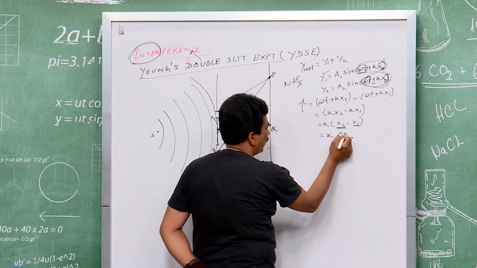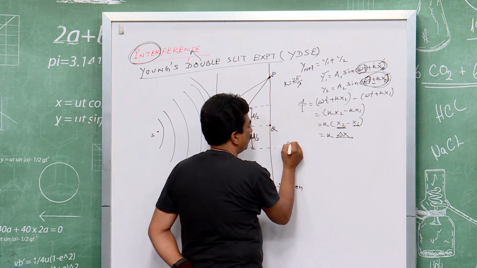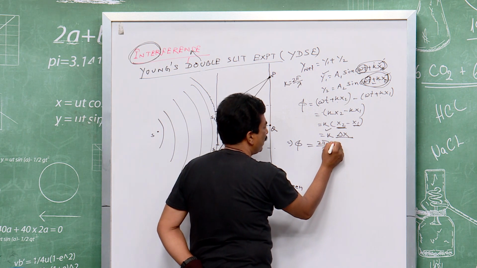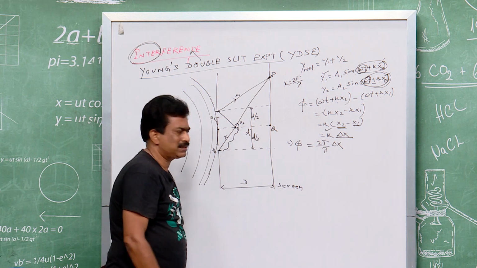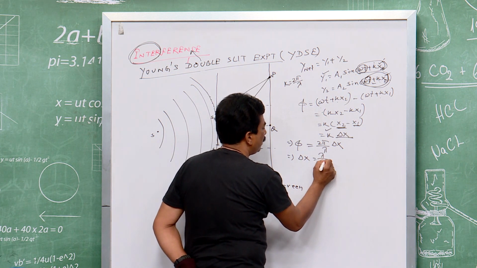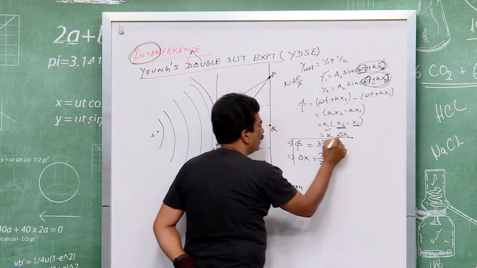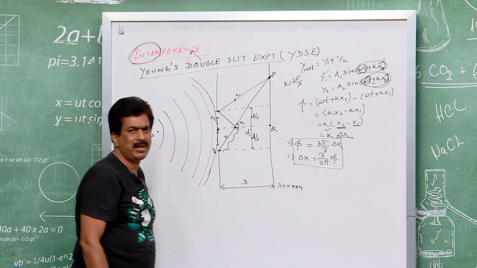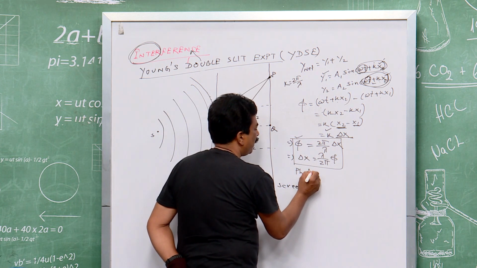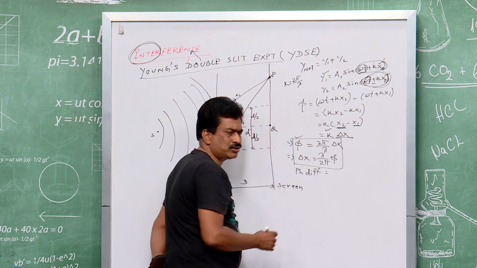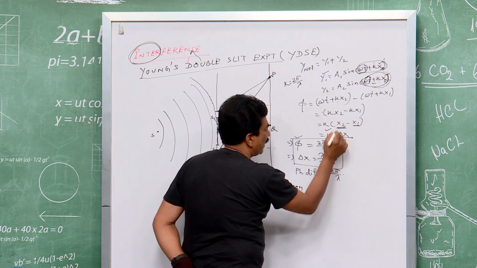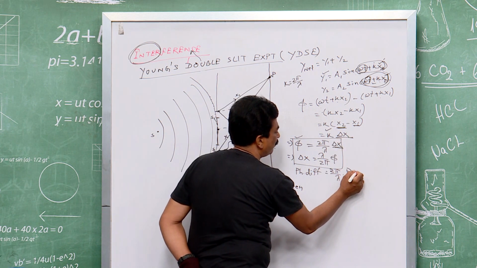So this path difference into k is equal to phi, meaning phi is equal to k into delta x, that is equal to 2 pi by lambda into delta x, or you can say that delta x is equal to lambda by 2 pi into phi. These two are very important relations. This phi, the phase difference, is equal to 2 pi by lambda into delta x, as we have taken, that is the path difference.